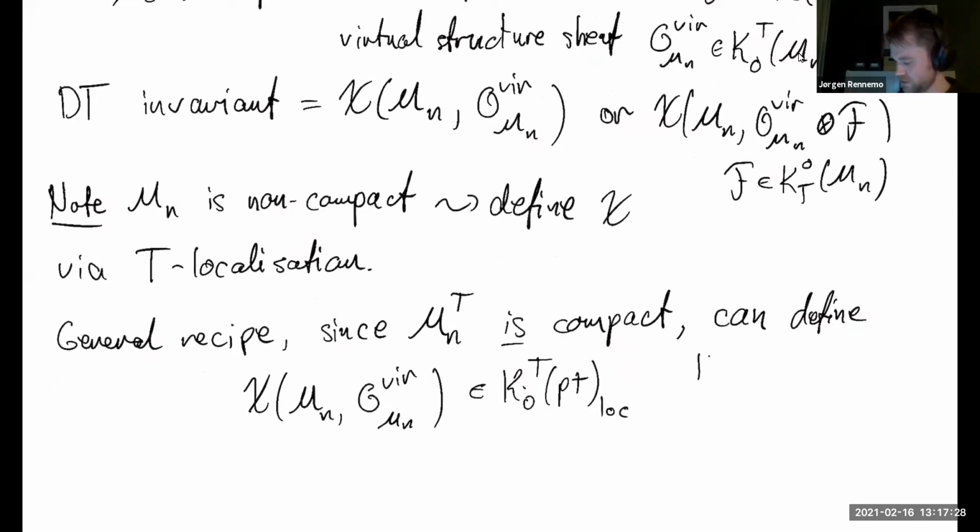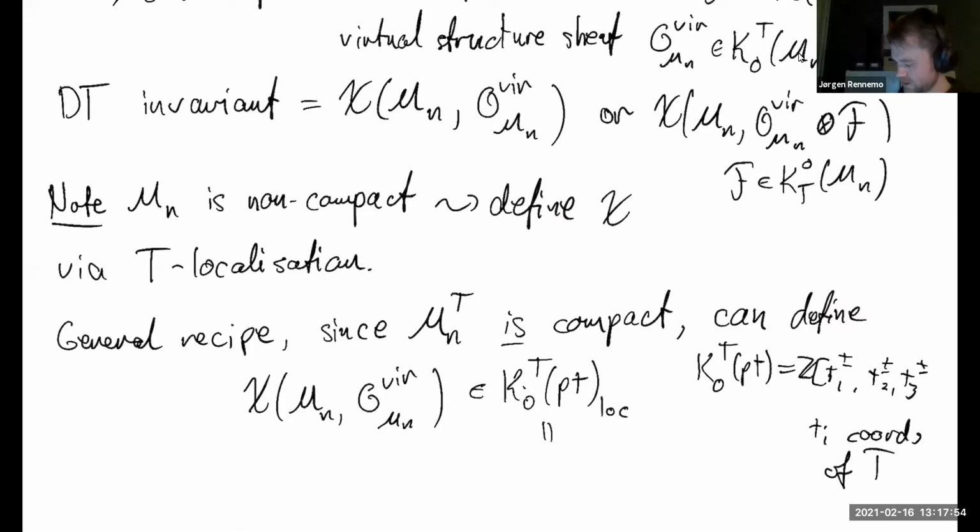To be concrete and explicit, K naught T of a point is the polynomial ring in positive and negative powers of the Ti, where Ti are the coordinates of our torus.